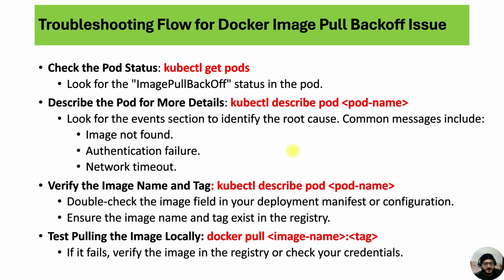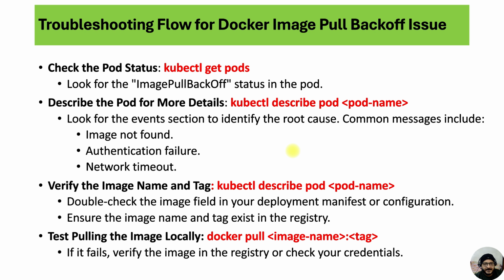Second, you go into more depth. You describe the pod for more details. You run the command kubectl describe pod and your pod name, and you will see the events like image not found, authentication failure or network timeout.